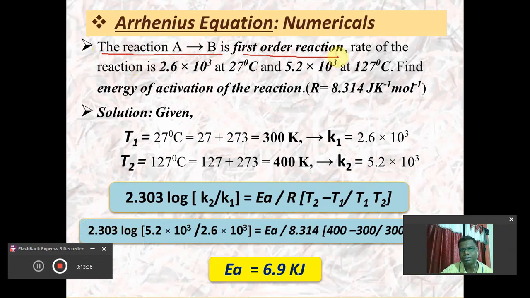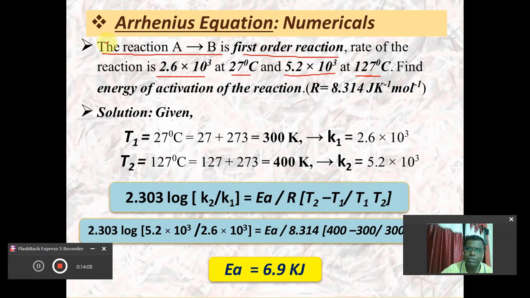In the previous problem, rate constants were not provided, only their relation was provided, but here rate constants are given at a particular temperature T1, and another rate constant is provided at the higher temperature T2. So you have the two values of temperature T1 and T2, and their corresponding rate constants will be K1 and K2.